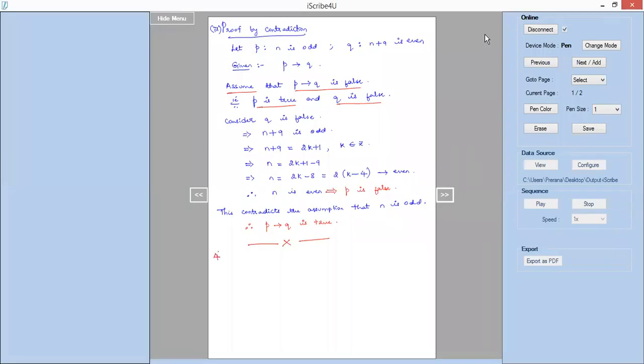Let us take up the next question. Fourth one. Prove that every even integer n, with 2 less than or equal to n less than or equal to 26, can be written as a sum of at most 3 perfect squares.